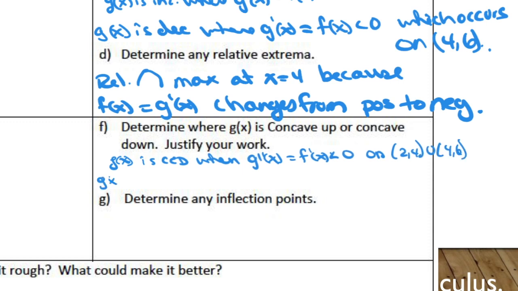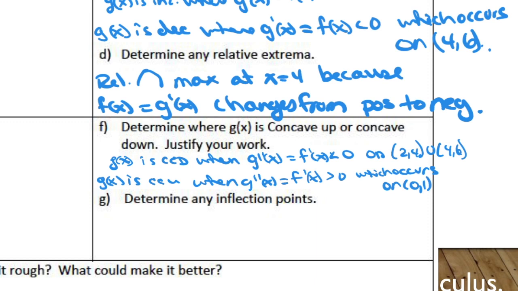We also know that g of x is concave up when g double prime of x, which equals f prime of x, is greater than 0, which occurs on (0, 1). So do we have any inflection points?